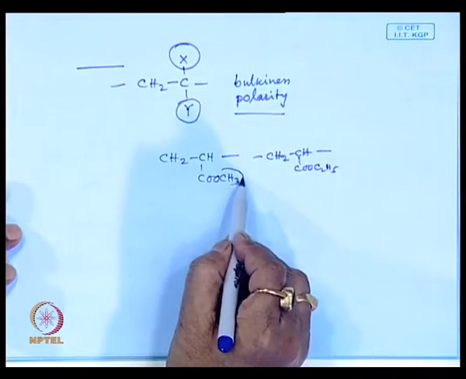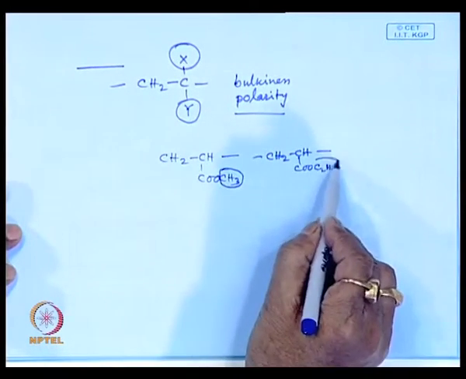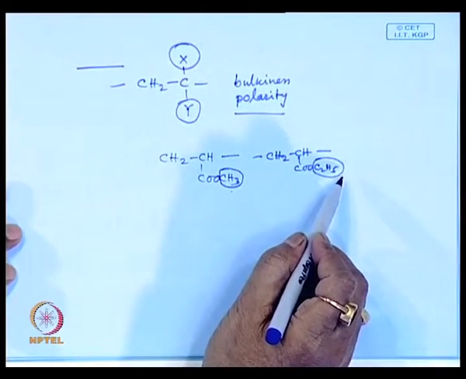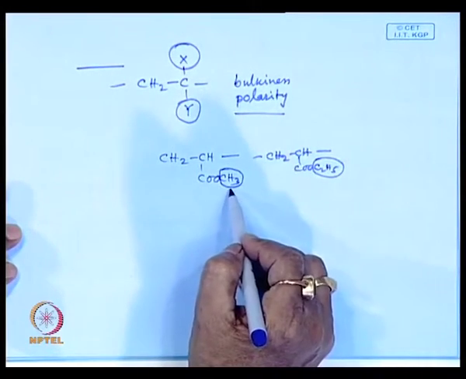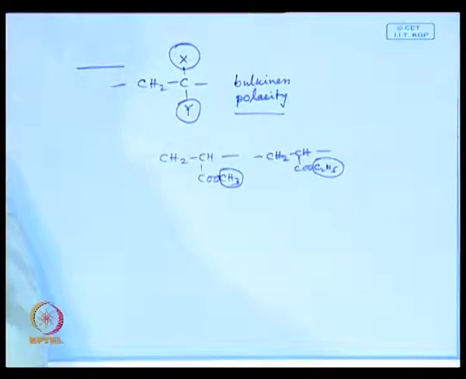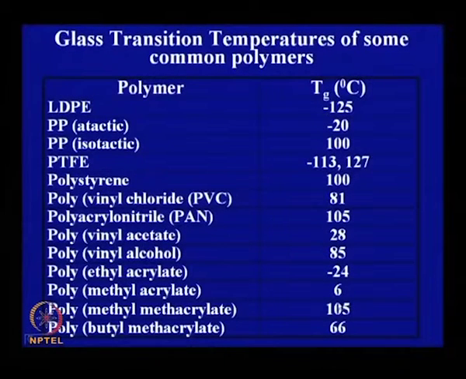You see, this is the difference between these two polymers, methyl and ethyl, and for that the length of this alkyl group has drastically changed this Tg value from minus 24 to 6 degree.